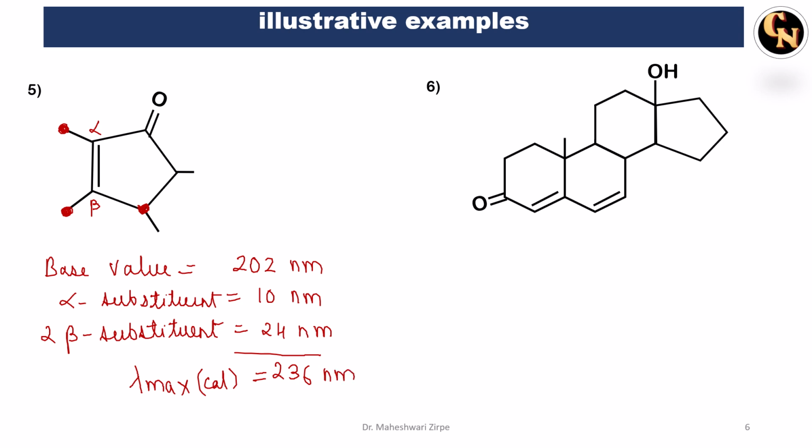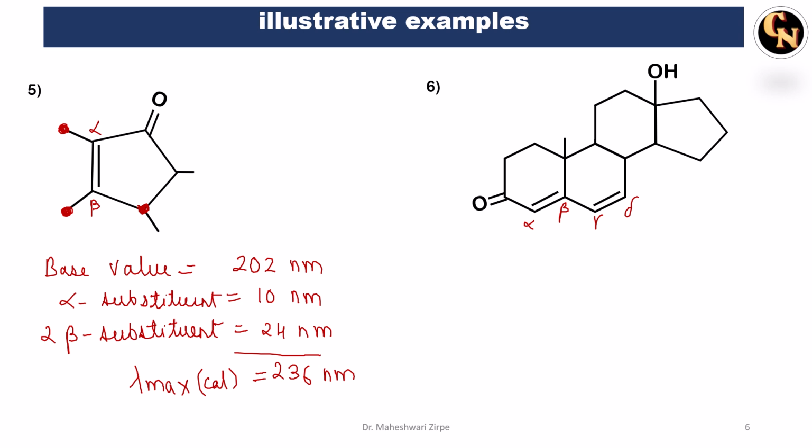Okay students, so let us see the next one, the sixth one. If you see, there is an Enone system, carbonyl, then a conjugated double bond at alpha beta. Similarly, there is gamma and delta also. So there is one extended conjugation for this system.